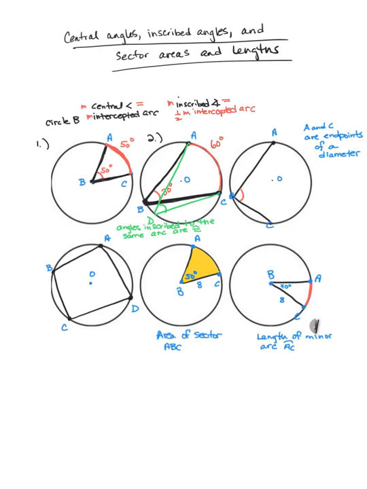So let's take a look at number 3. In question number 3, A and C are endpoints of a diameter. So if I were to connect those, they're endpoints of a diameter. We have this angle ABC that's inscribed in a semicircle.